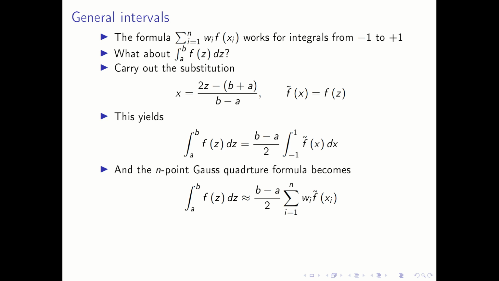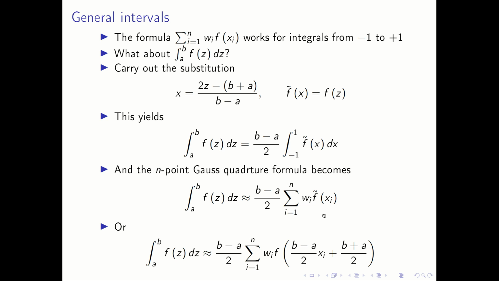So in terms of the original function f, this formula simply becomes: (b - a)/2 times the sum over i going from 1 to n of Wi times f at the z value corresponding to xi. So for each x, the z value is (b - a)/2 times x plus (b + a)/2. So this is the final formula. If you are using NumPy arrays, for example, manipulating this would be rather trivial to do.